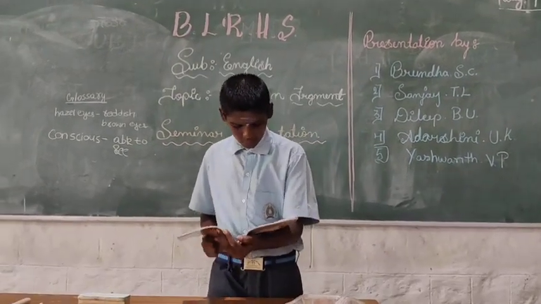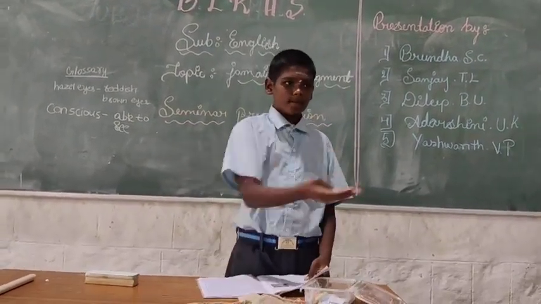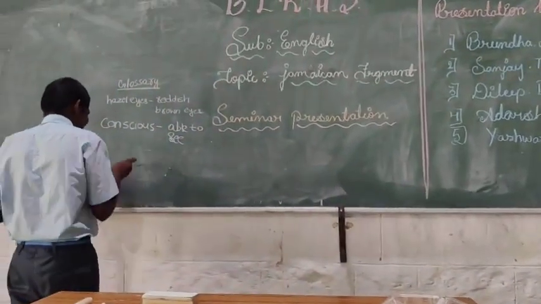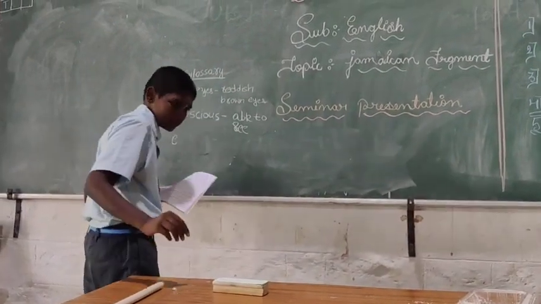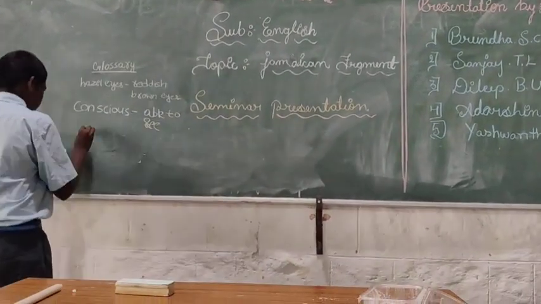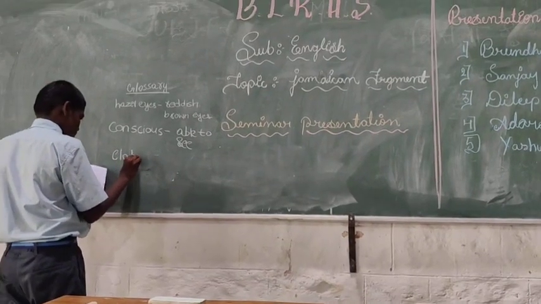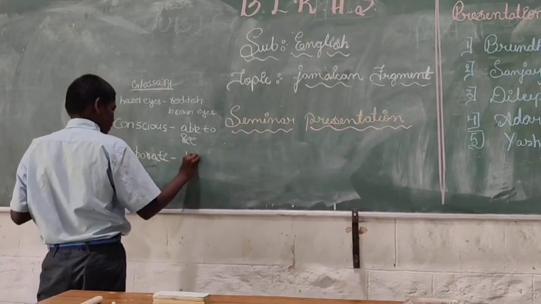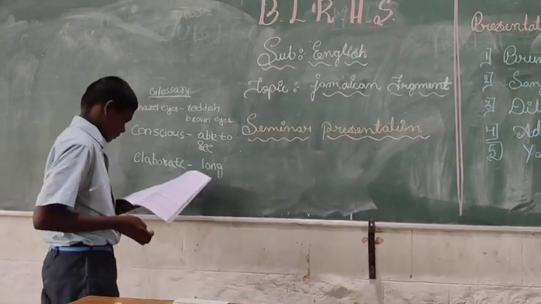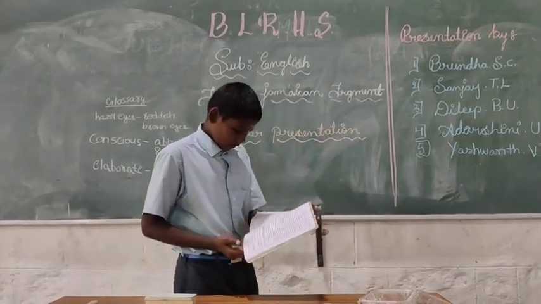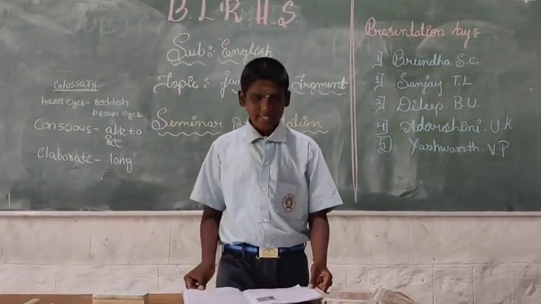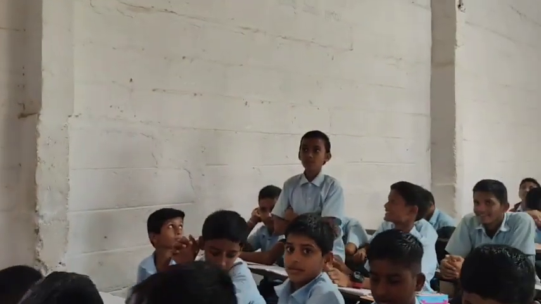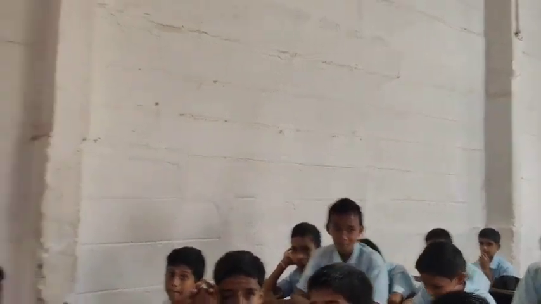What is the meaning of elaborate? Long. Correct answer. What is the meaning of majestically? Impressive. Correct answer.